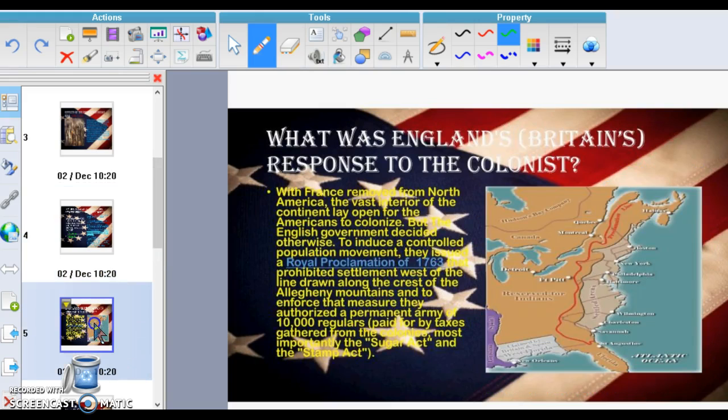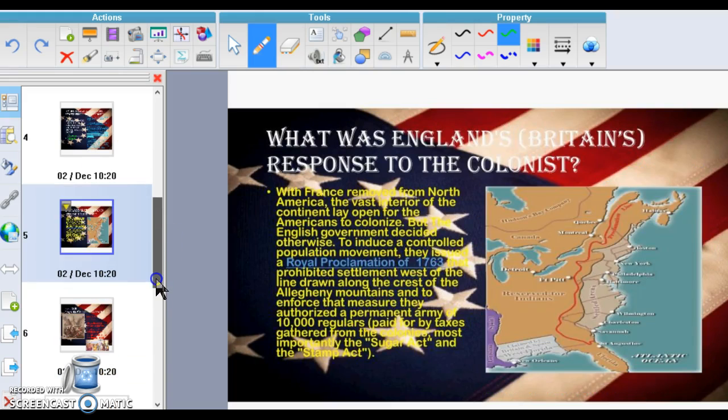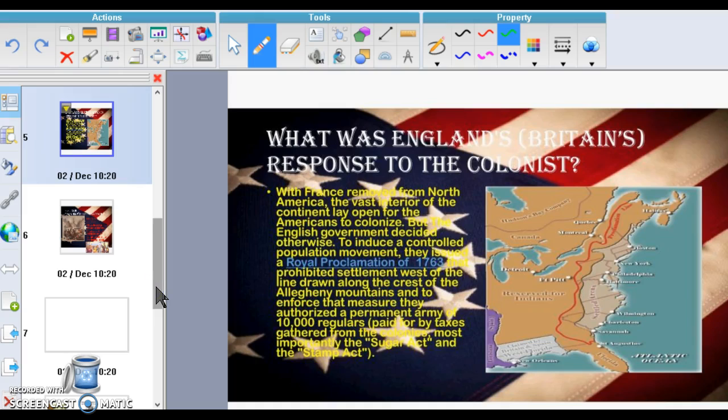Let's move further in our presentation. Let me move these other slides up so we're ready. So we see here it says, what was English or Britain's response to the colonists? Let's do our reading. With French removed from North America, the vast interior of the continent lay open for Americans to colonize.